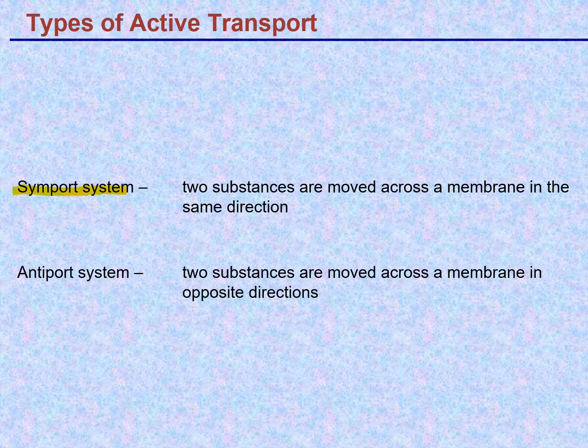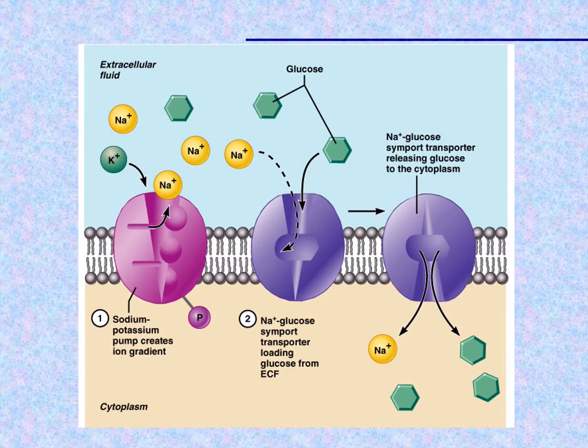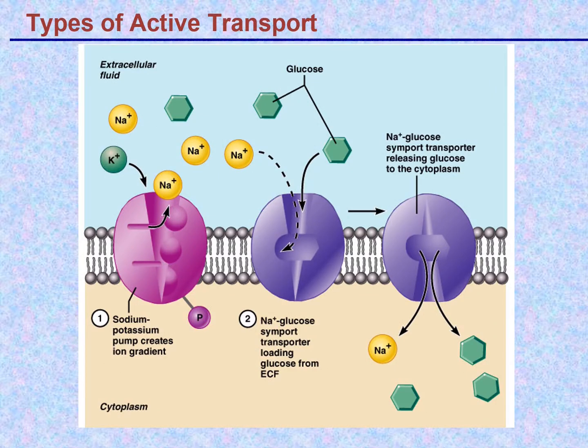If the two are moving in opposite directions, then it's an antiport system. And as you can see, with the sodium-potassium pump, sodium is being moved out and potassium is being moved in, and this is an antiport system.